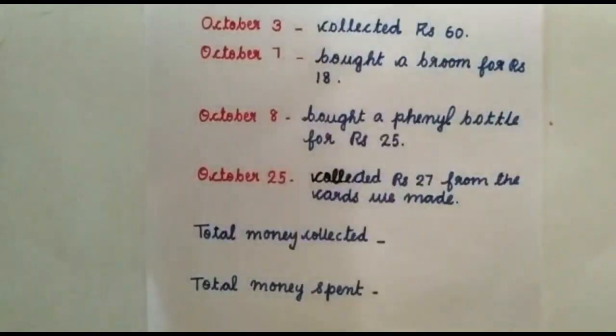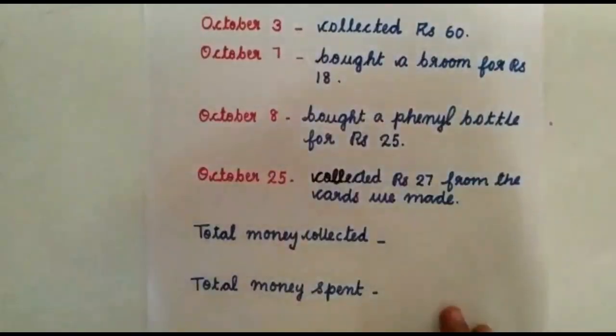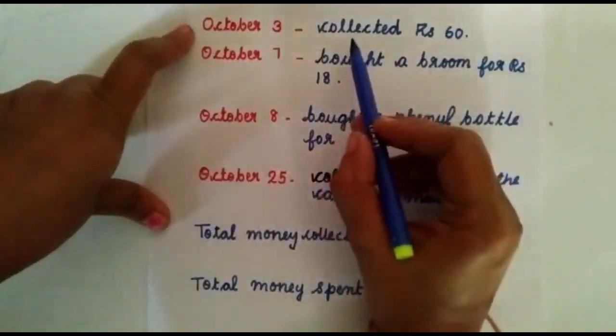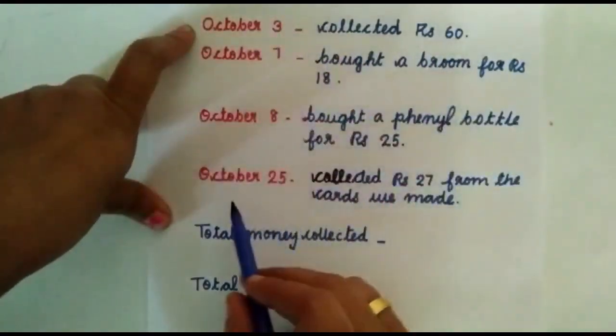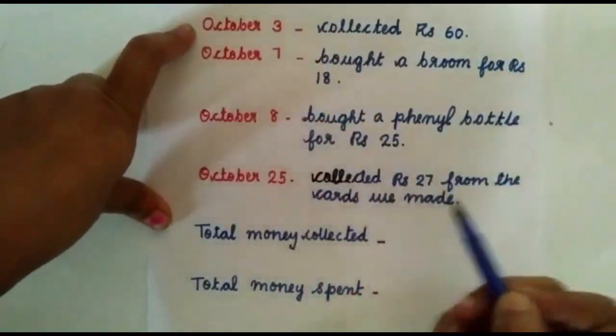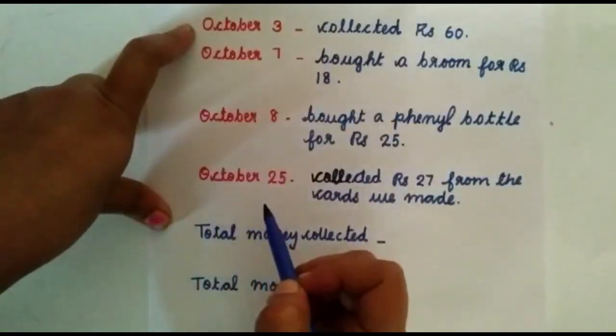Next we have to find out the total money collected, right? She collected rupees 60 on October 3 and rupees 27 on October 25, isn't it?